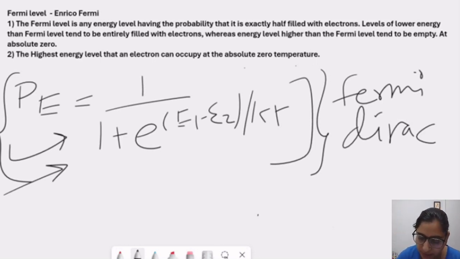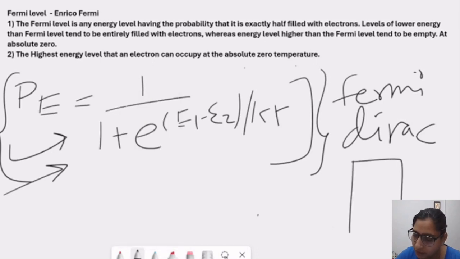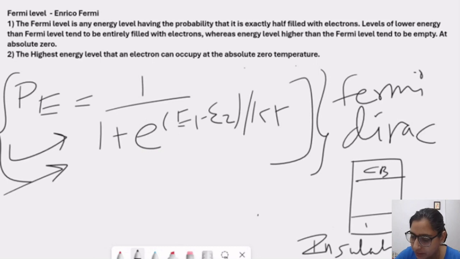Now let us discuss one case here. If this is our insulator, let's say, okay, insulator. Now we know that this is conduction band and this is valence band and this is the EG. Now we consider that Fermi level resides in between conduction band and valence band.